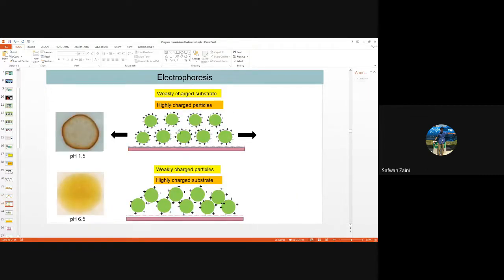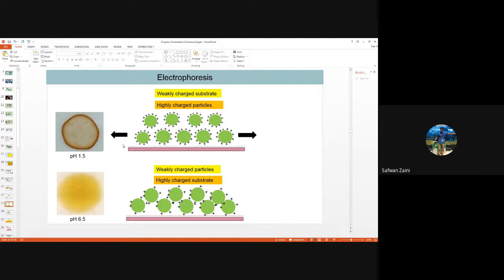So now we can understand why such different deposition patterns have formed, even though we considered a similar type of dispersion. This is the case where the pH is about 1.5, and this is for the case where the pH is 6.5.